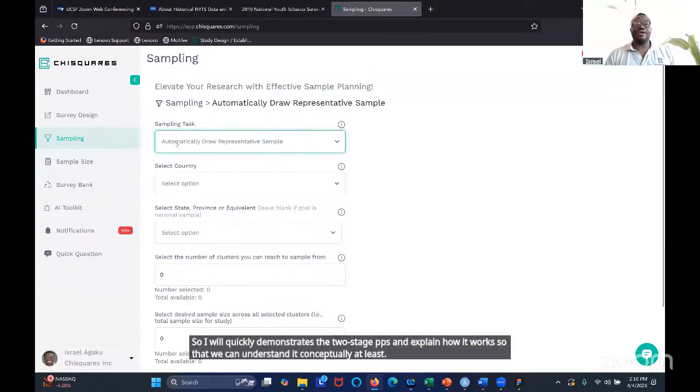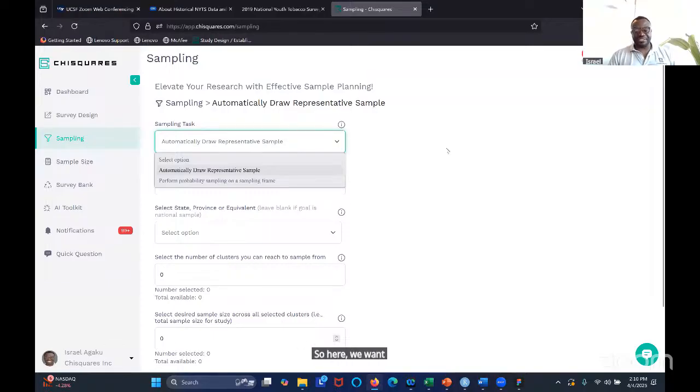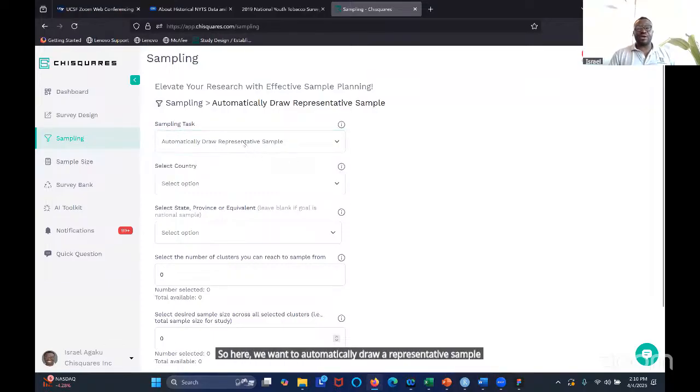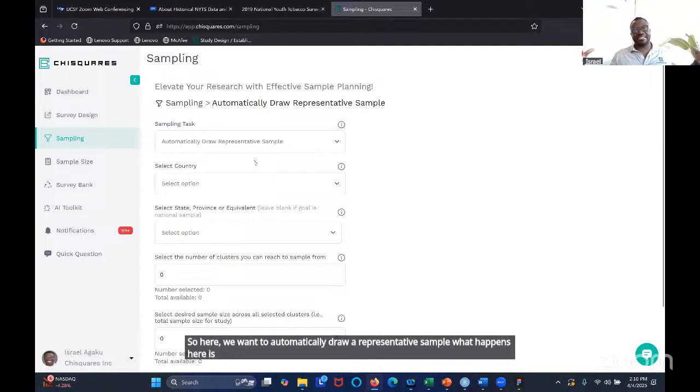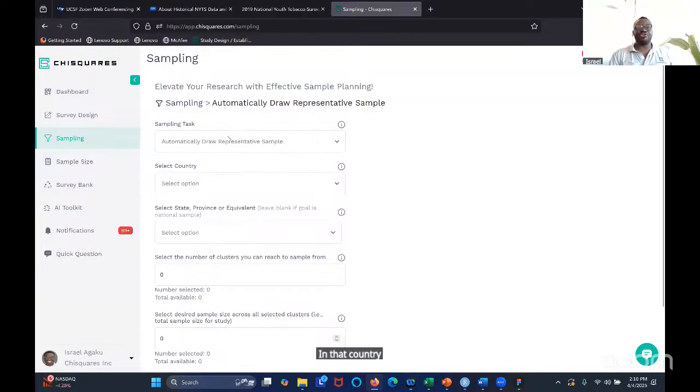So here, we want to automatically draw a representative sample. And what happens here is that the platform has pooled data sets from different countries around the world, from their census or their Federal Bureau of Statistics or Census Bureau, or whichever agency exists in that country. So when you are drawing automatic samples, it is based on official data from each country.